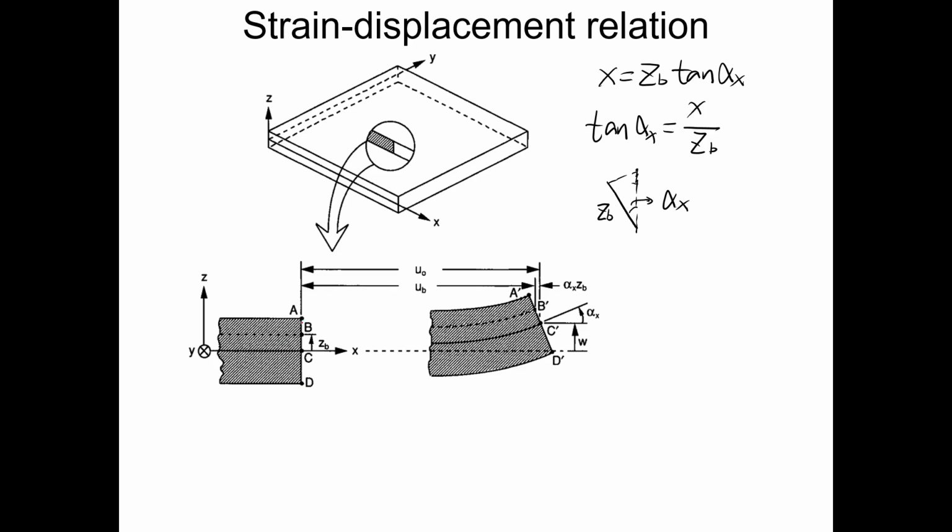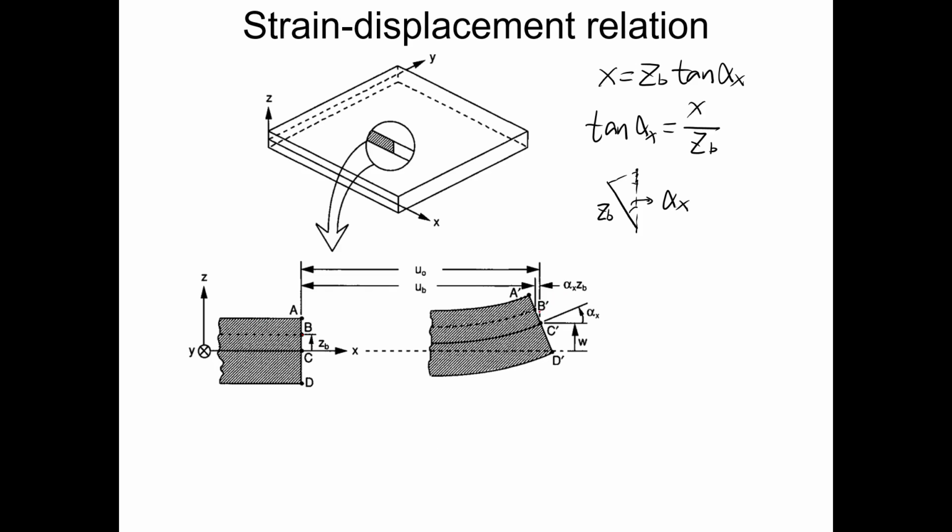Let's just track a few points, A, B, C, D. Once you bend it, A, B, C, D prime are all still on the same line. But the question you want to ask is, what is the deformation of the beam? Particularly at a certain point, for example, at the point B. The point B essentially is the middle point of the top layer.